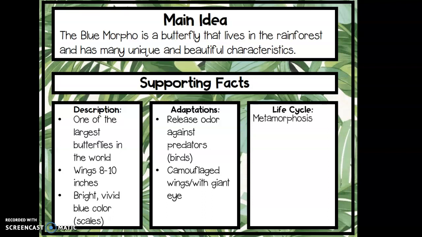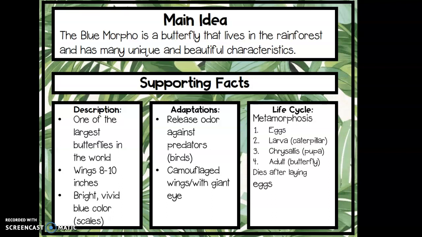So the life cycle of the blue morpho butterfly is very particular because it's called metamorphosis. We begin with the eggs, then the eggs become the larva, which is the caterpillar. Then we have what is called the chrysalis or the pupa, and then it becomes the adult butterfly.